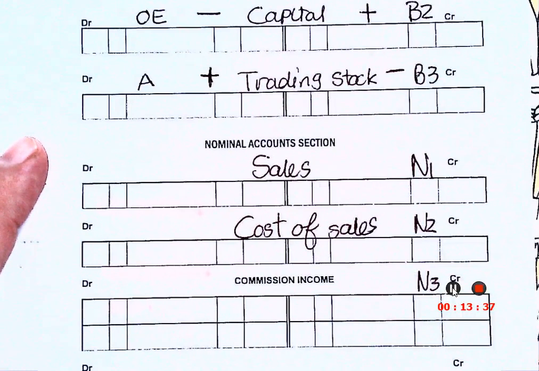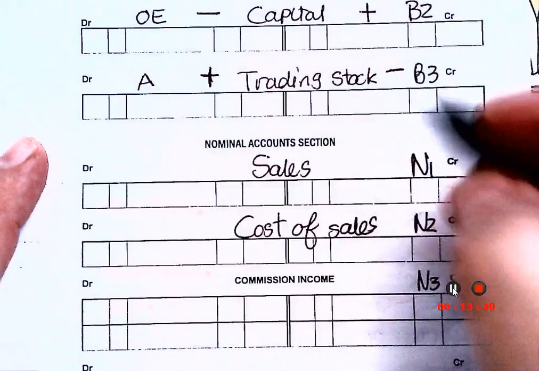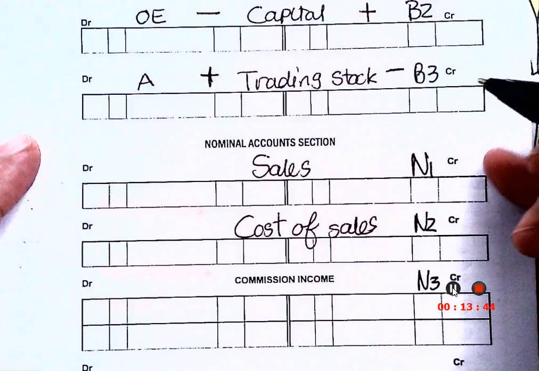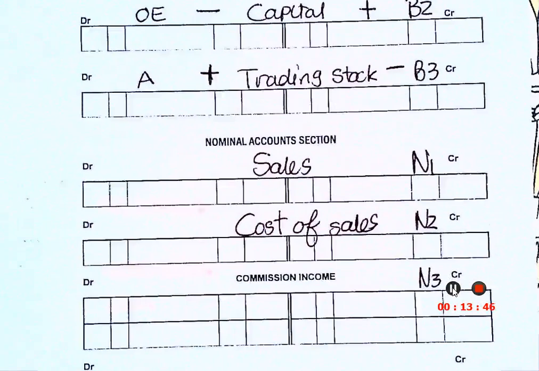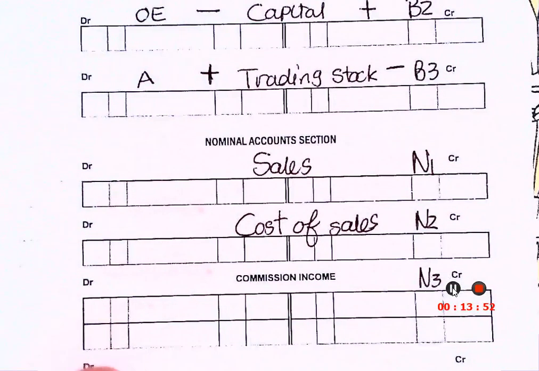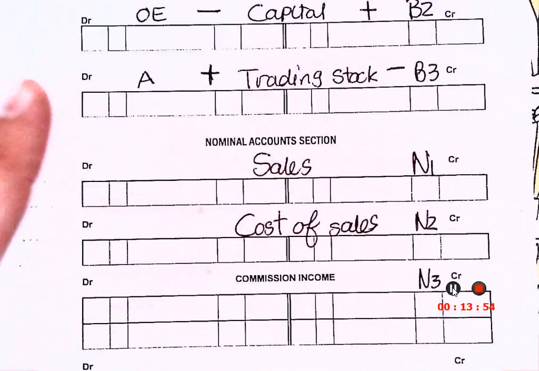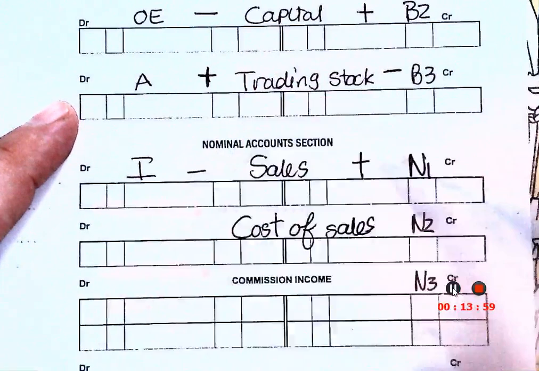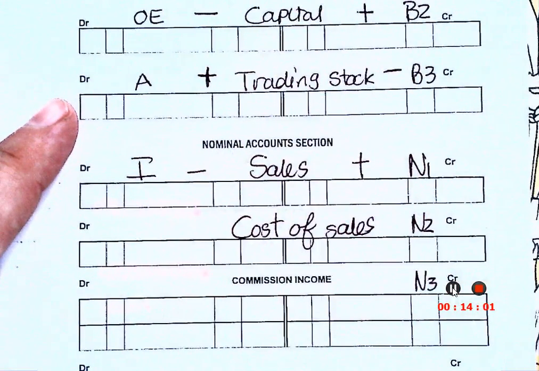Okay? Sales is a debit or a credit? What is sales? Is sales an asset? Is it a liability? Is it an income? So is it a debit or a credit? Credit. What is cost of sales? A debit or a credit? A debit.